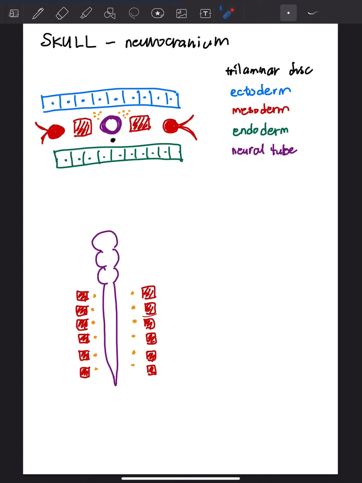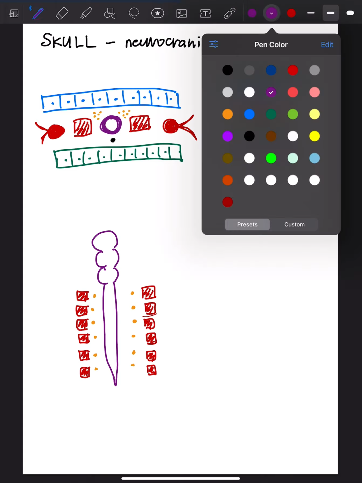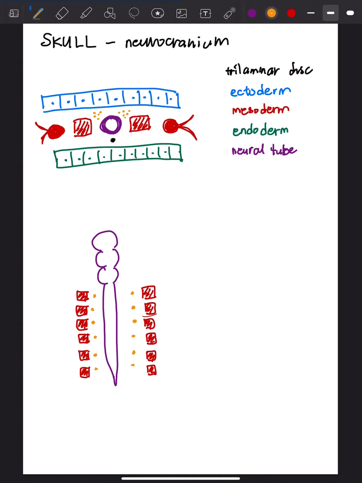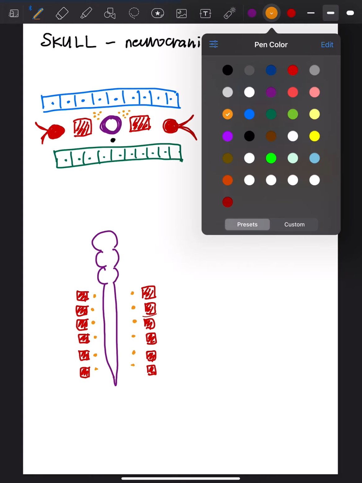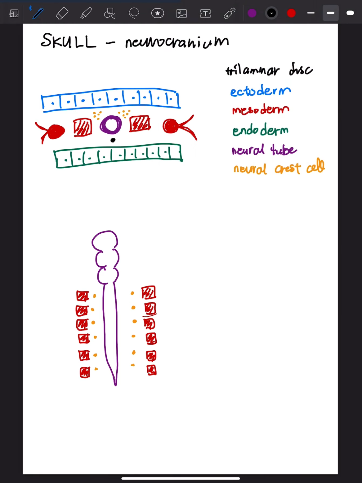And then on the sides here, these are your neural crest cells. So this all will originate from the ectoderm, and then in black there, that's your notochord. These are the structures that you should be quite familiar with whenever we're talking embryology.